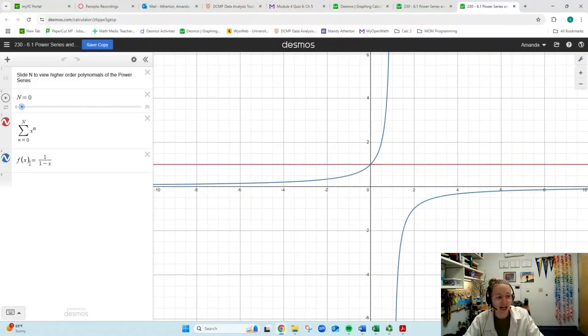So basically this is my geometric term that I have right here, and my n value is going out towards infinity. I'm going to go all the way out to 1,000 if I possibly can.